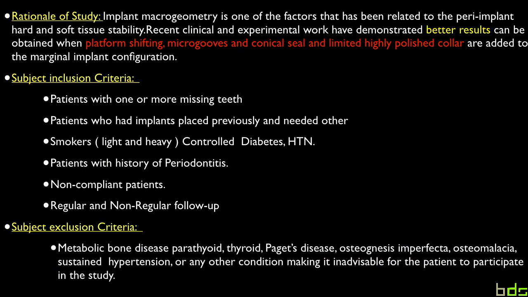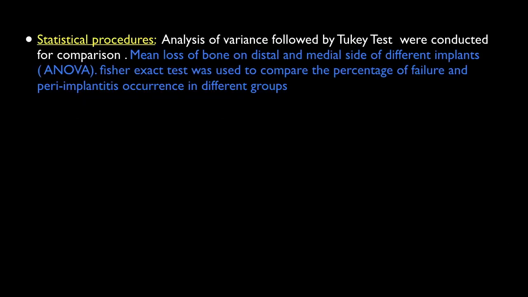Obviously, we tried to mimic the real world as much as possible, including a lot of patients from our patient pool. We excluded, obviously, patients that had uncontrolled systemic diseases. We used the Tukey test and ANOVA to compare the mean loss of bone on the distal and mesial side, and Fisher exact test was used to compare the percentage of failure and periimplantitis occurrence.